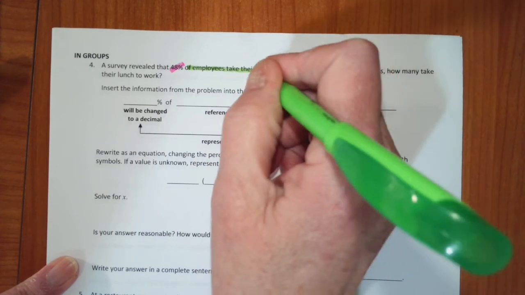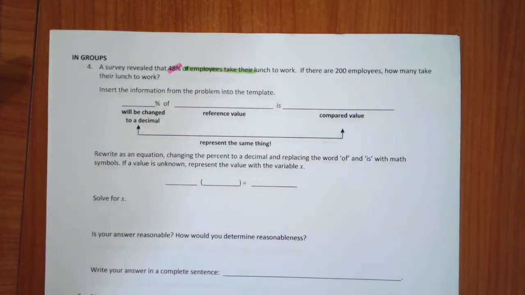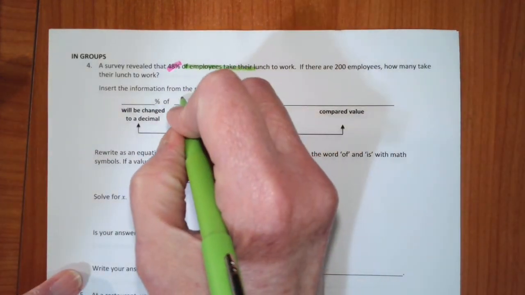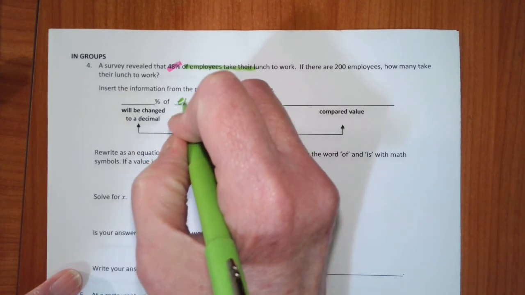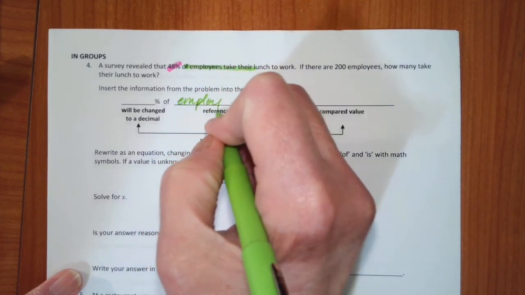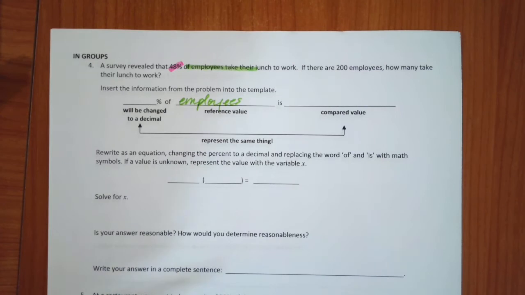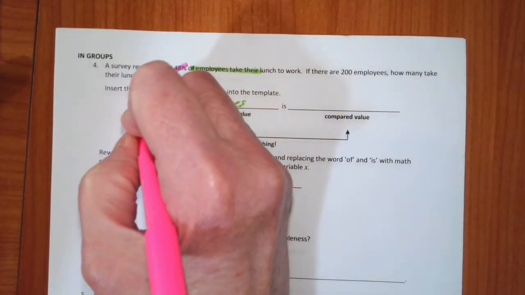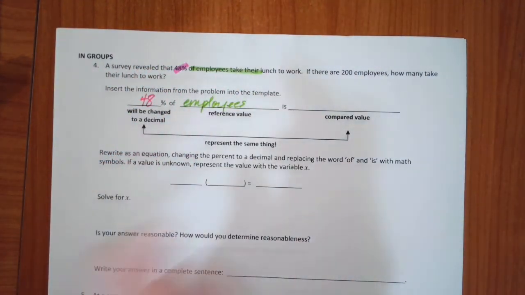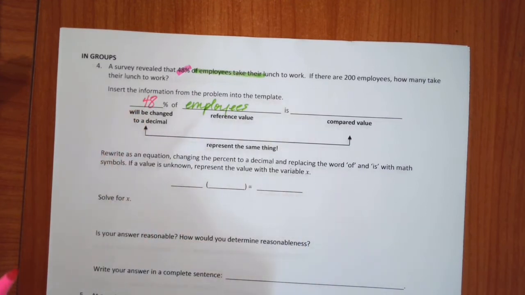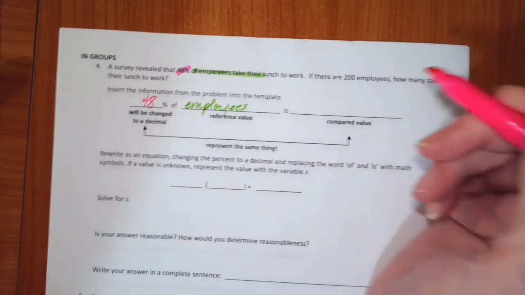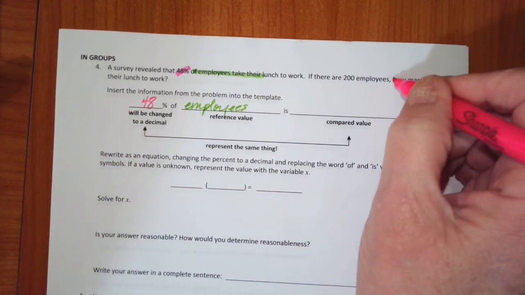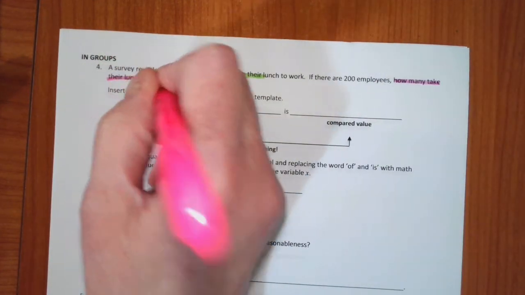Of employees. So the reference value, the of number as I call it, is employees. Our percent is 48%, and they want to know how many take their lunch to work.